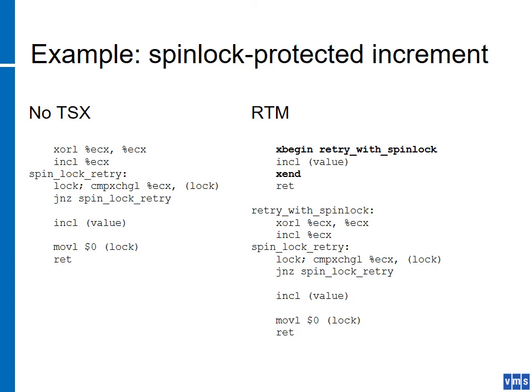The thing it's watching for is this value. As soon as another processor touches or looks at that value in memory, we roll back whatever we were doing here, and the processor sends us to this address, retry with spin lock. And then this is the old original code where we do it the old-fashioned way.